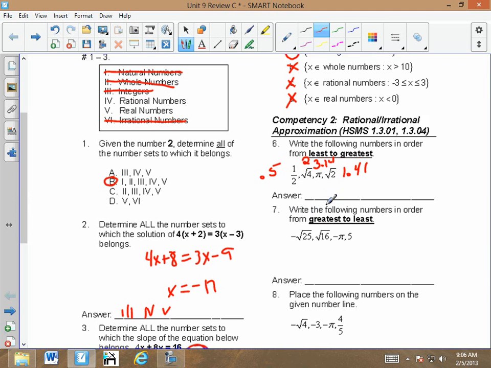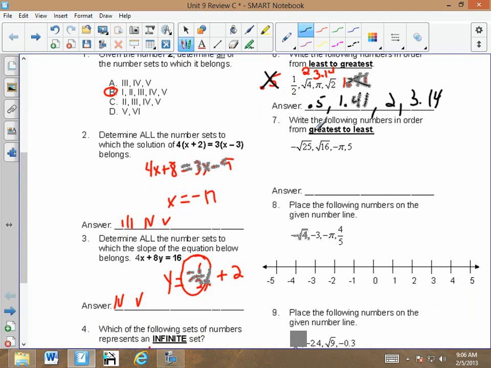Okay? So, from smallest to greatest, the smallest is going to be 0.5, and I cross that out. The next one is going to be 1.41. Cross that out. My next one is going to be 2, and then I'm going to have 3.14. Smallest to greatest.